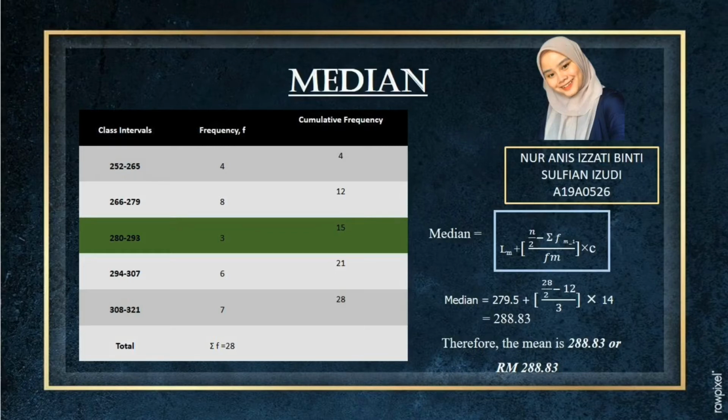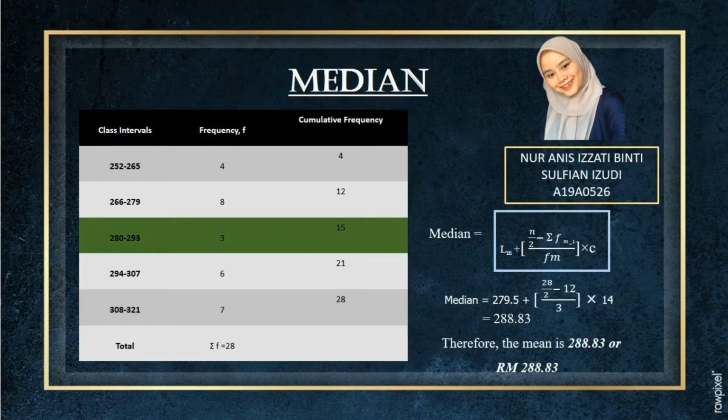For example, here 280, you need to minus 0.5. You get 279.5, and plus bracket, and you can see the total of frequency is 28 divided by 2 minus 12, divided by 3. How can you get 3?